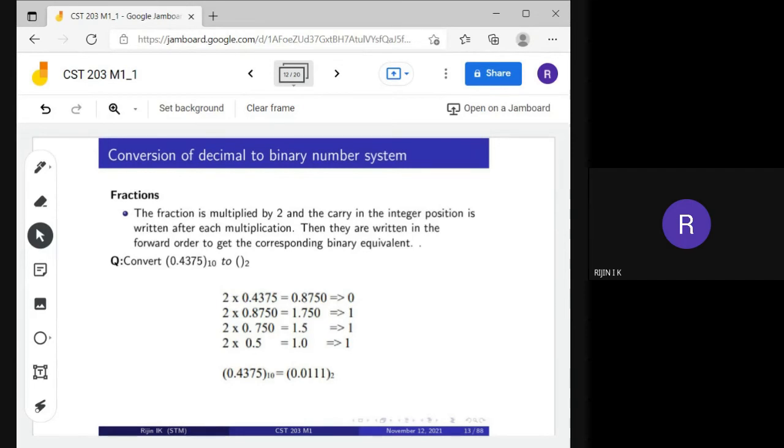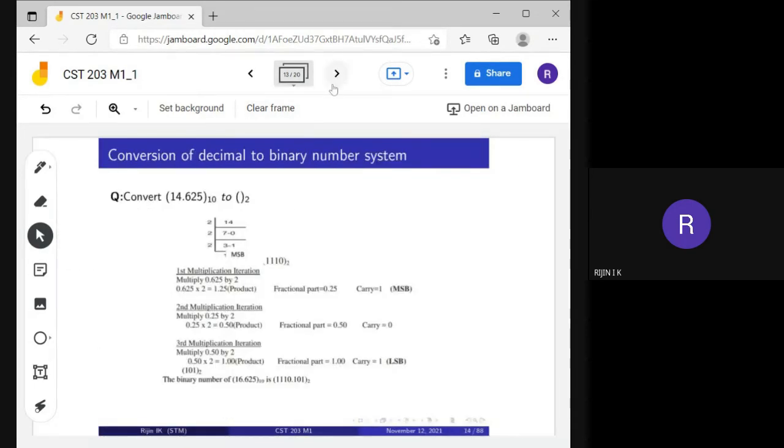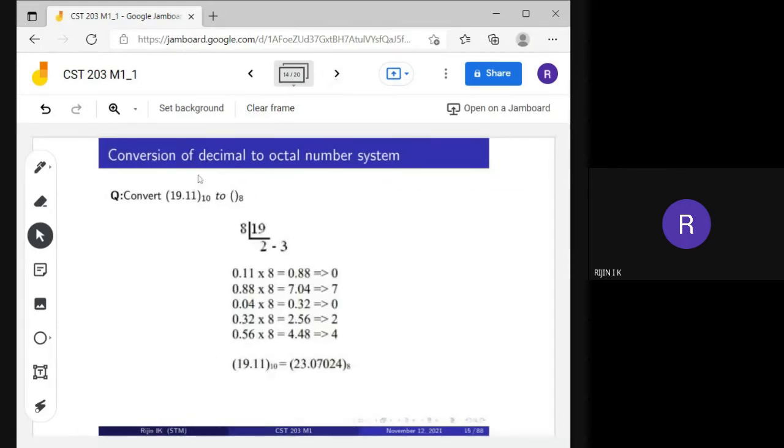Then next we can see how we will convert a decimal number into the octal number system. Here the only difference is that instead of dividing by 2, you need to divide by 8. That is the only difference.